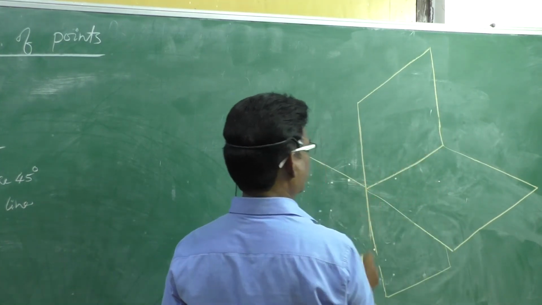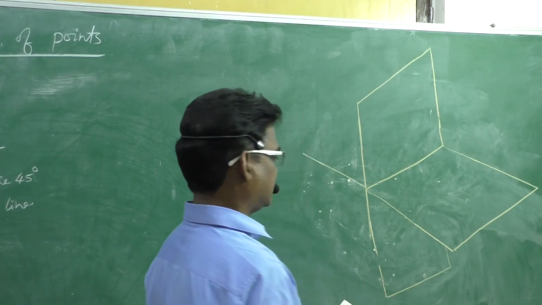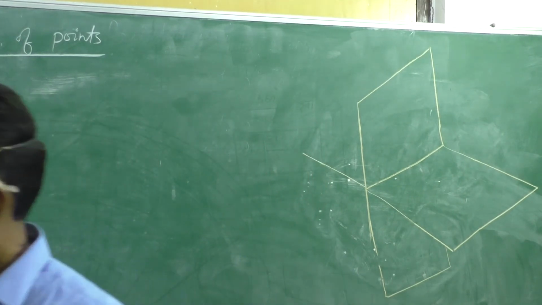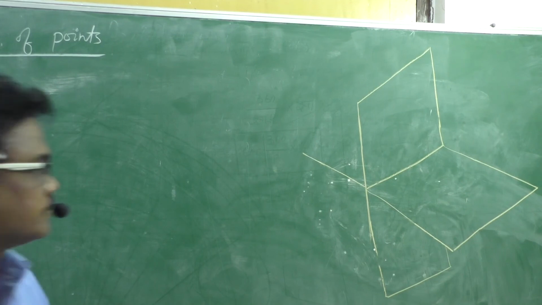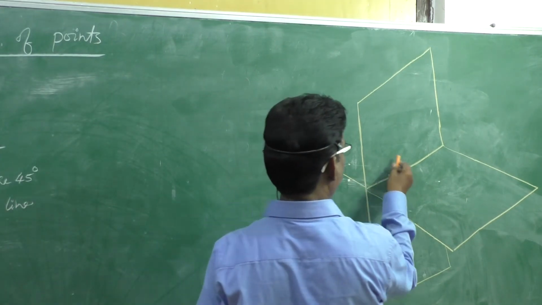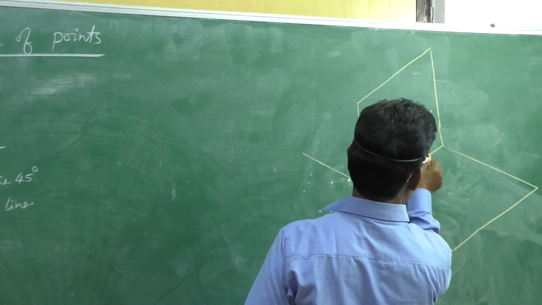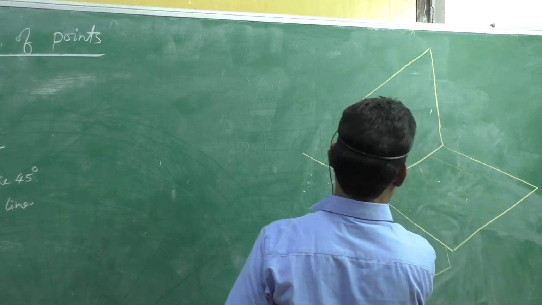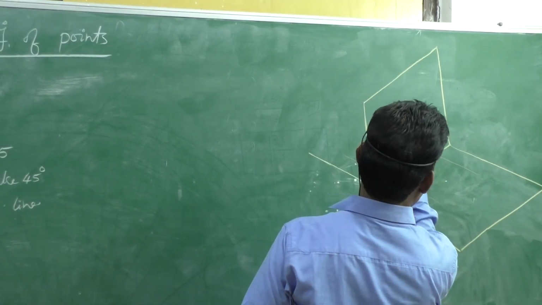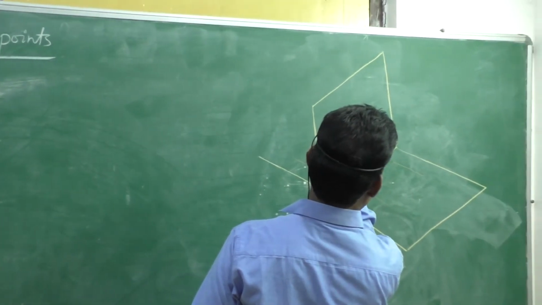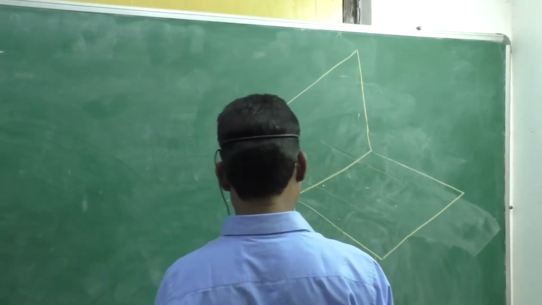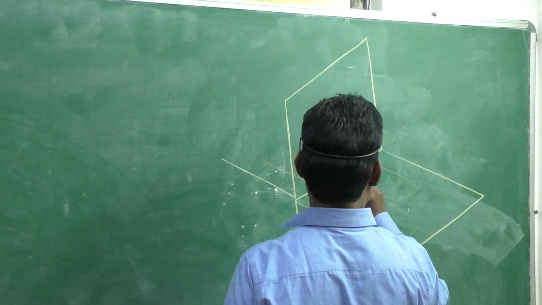Both the points A and B lie in the horizontal plane. The distance between the projectors is equal to 75 mm.